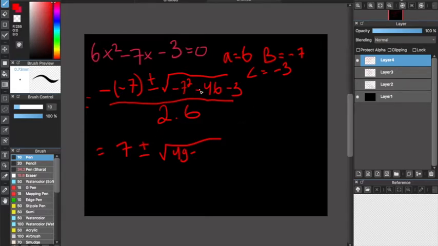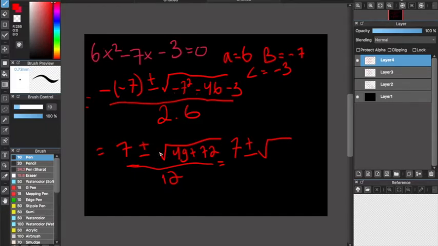So it's minus, and it will become plus, and then plus 72, divided by 12, which is 2 times 6. First, we add both of them.